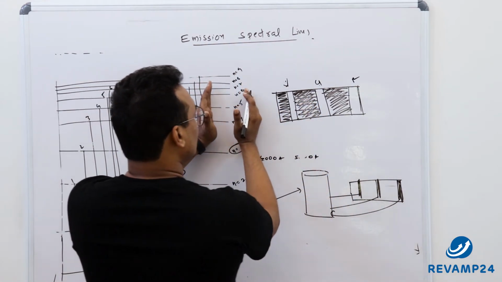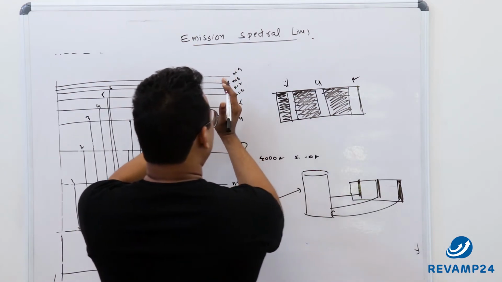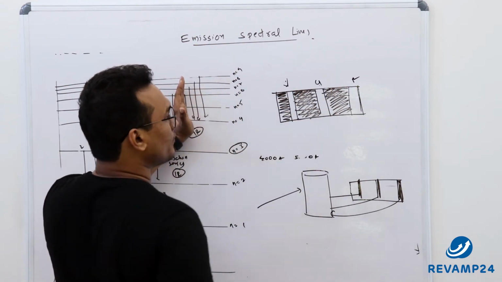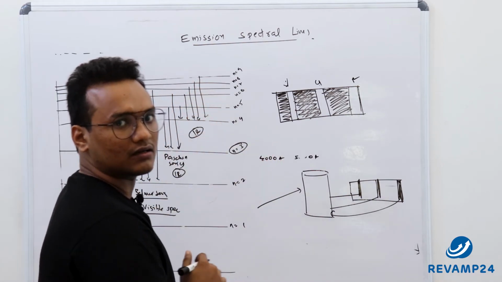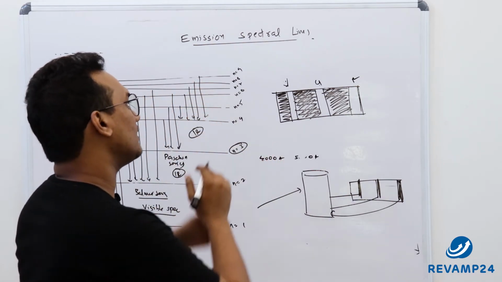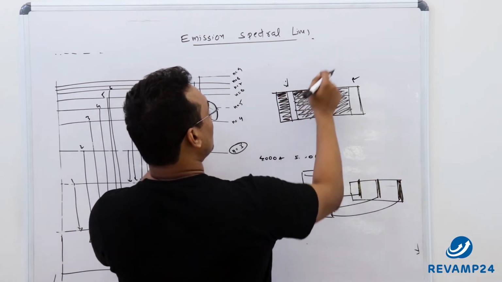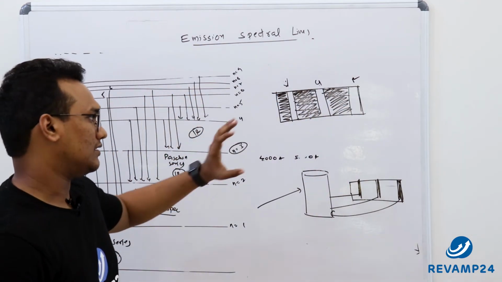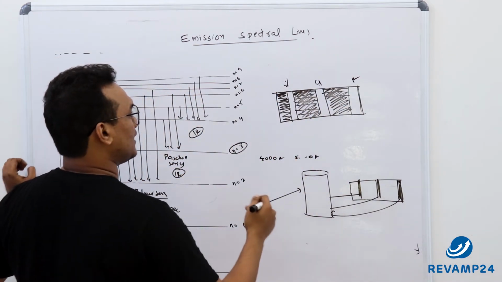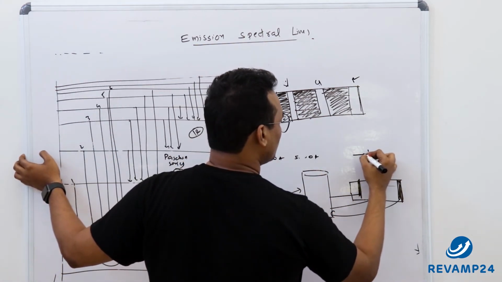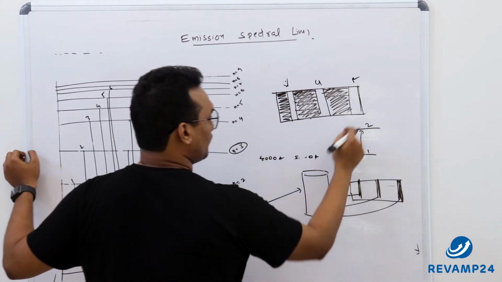Now when we are allowing the emission spectra to happen, the excited gas is giving out the energy while coming into the ground state, and the same colors will be given out. This means that it's the same energy transition. So let's say from 1 to 2, it needs energy, lower energy to higher energy.